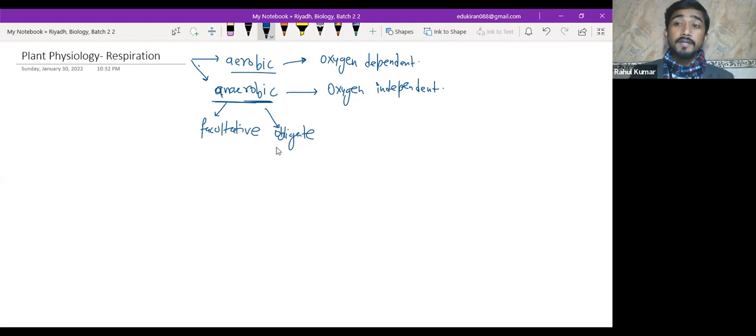Anaerobic means where oxygen is not important. But if oxygen is present in the environment and you are an anaerobic bacteria, will you not be able to do respiration?